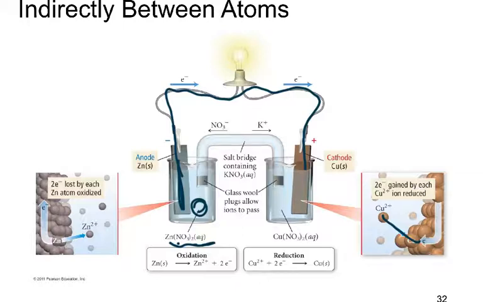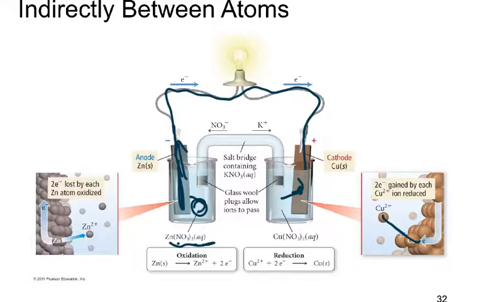So the zinc is losing an electron, goes this way, the zinc goes into solution, the copper is gaining the electron, and copper from the solution is depositing onto the solid.